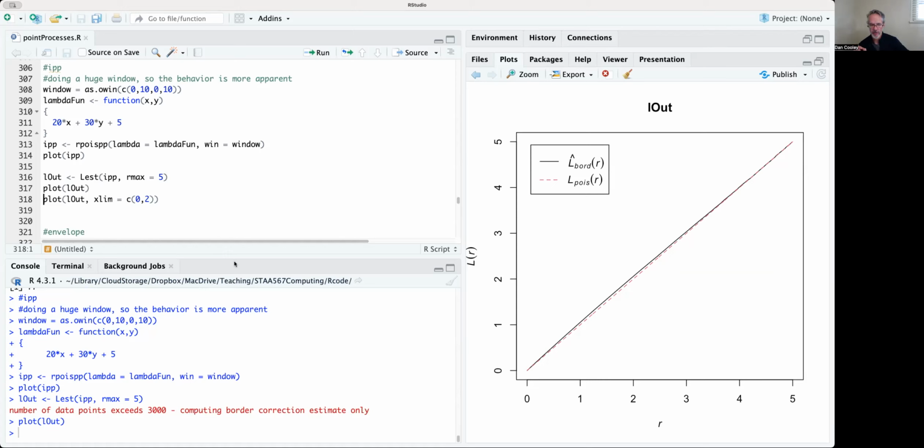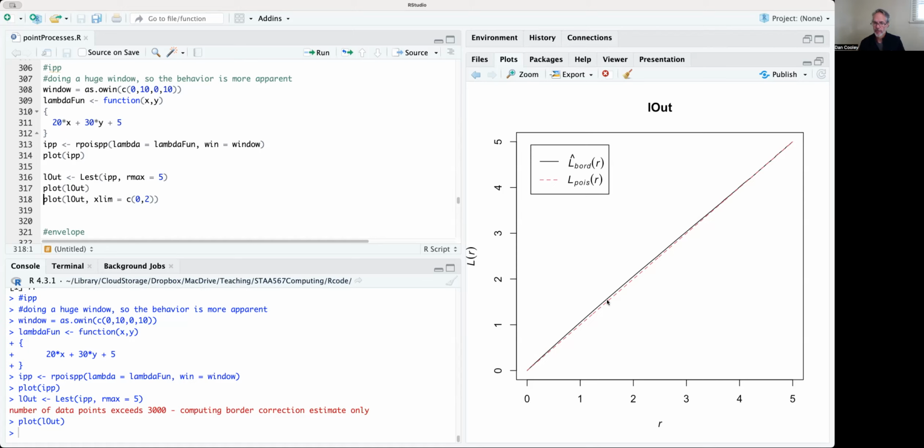And focusing on the Neyman-Scott, which had aggregated behavior, the L function indicated that the observed number of points at small radiuses was greater than we would expect under complete spatial randomness. But it pretty rapidly corrected itself.